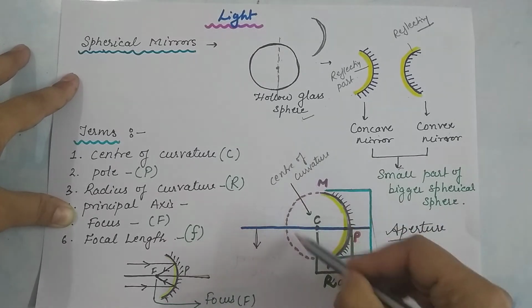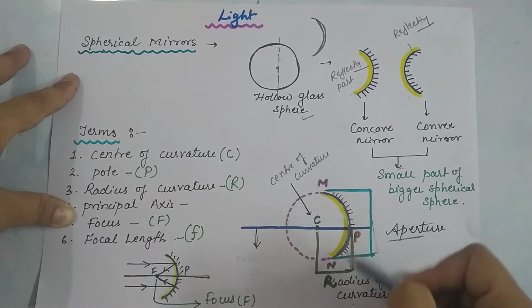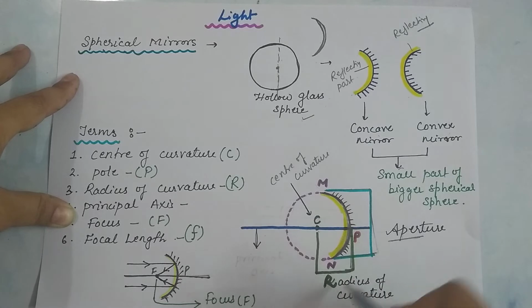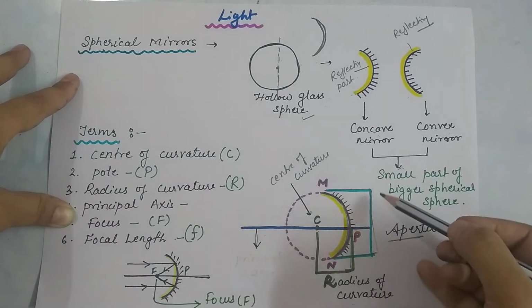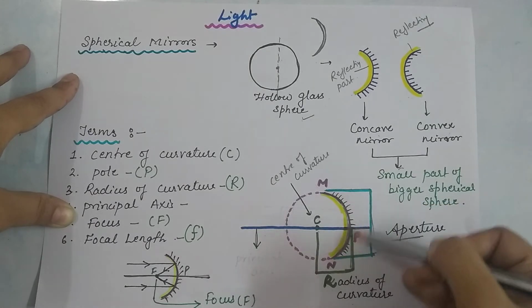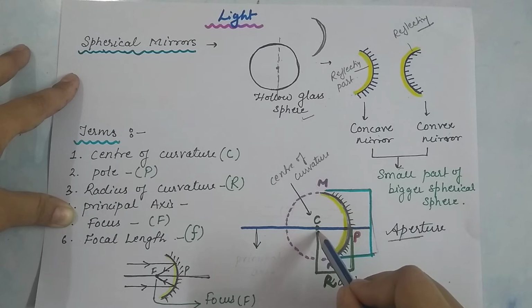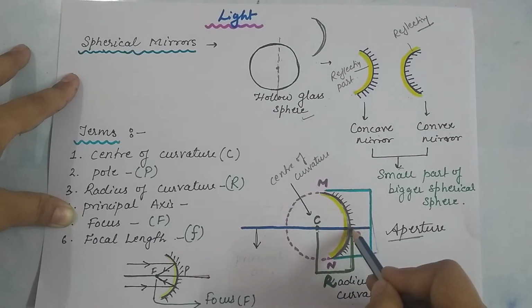Just as the hollow glass sphere has some radius, that is called radius of curvature. So we have understood that M and N is the aperture, this is the pole, this is the center of curvature, and the distance between them is called radius of curvature.